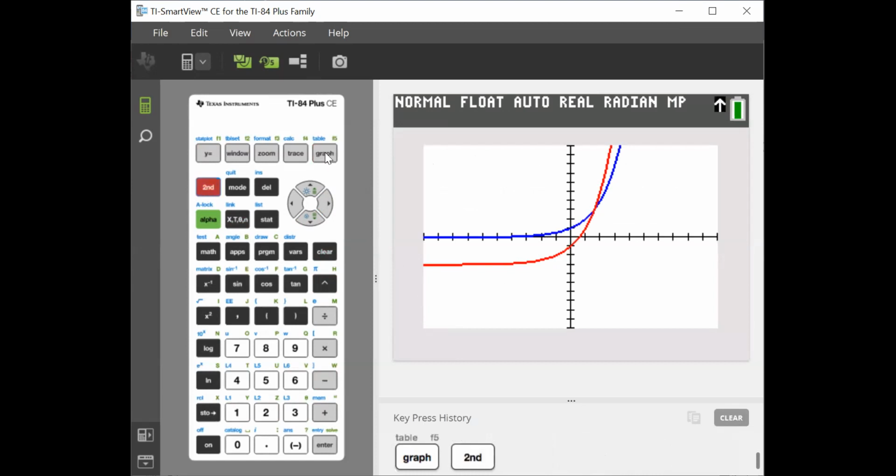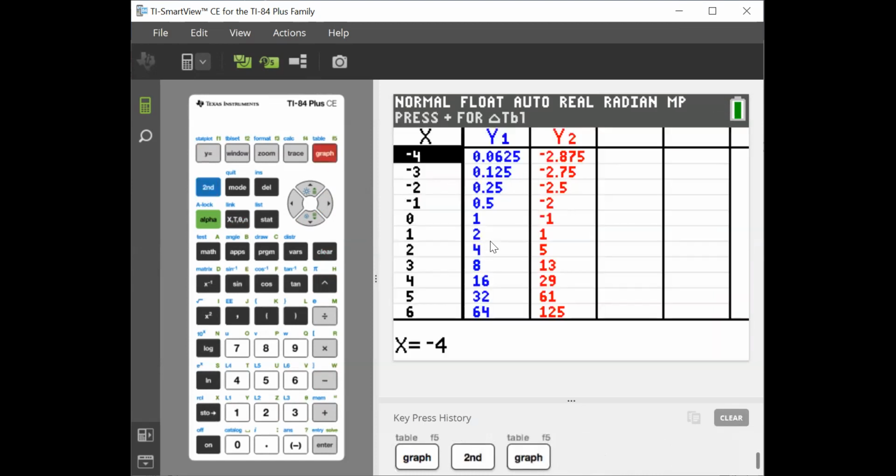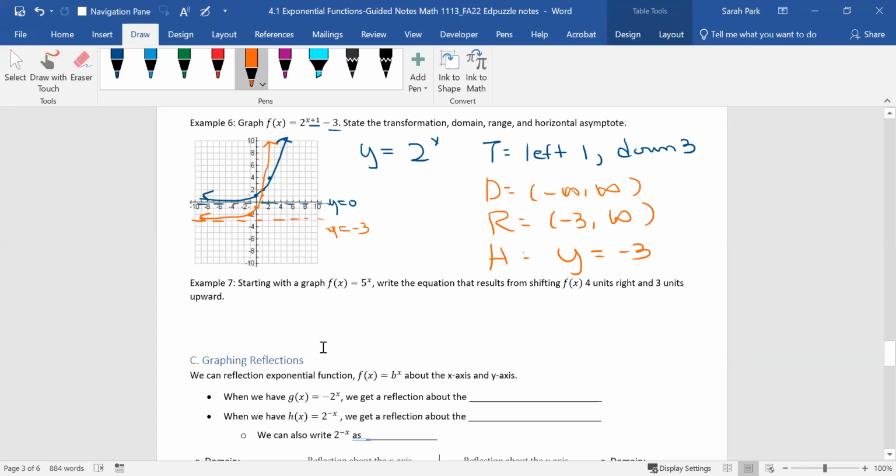If you want to, you can also go to the table and see how the values differ. All right, let's head back over to our main page. Okay, example 7, I would like for you to try on your own. We'll compare our answers in class.